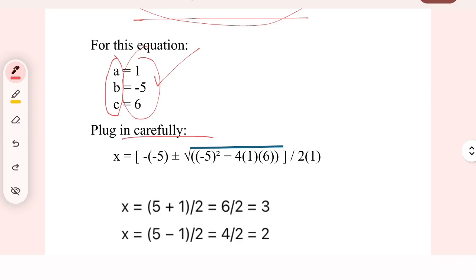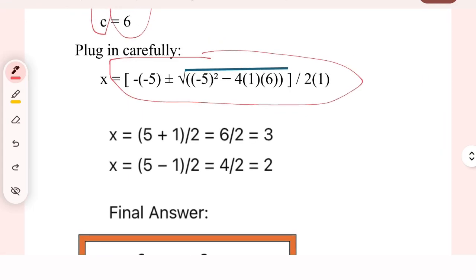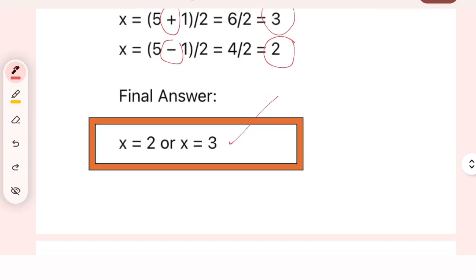So you substitute everything, a, b, and c, to the formula, and then you compute it. And when you compute it, remember there's also plus minus there. When you use the plus, the answer for x is 3. When you use the minus, the answer for x is 2. So the final answer is also the same as method 1 and method 2. X equal to 2 and x equal to 3.